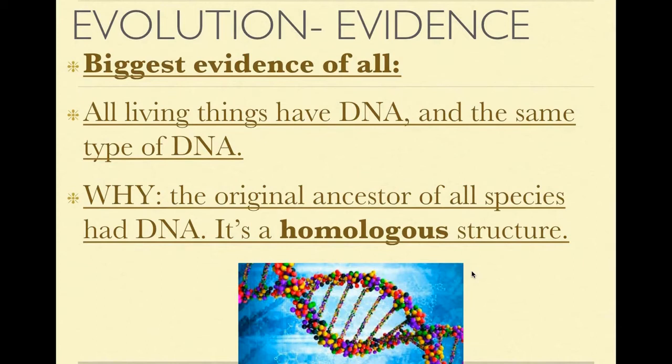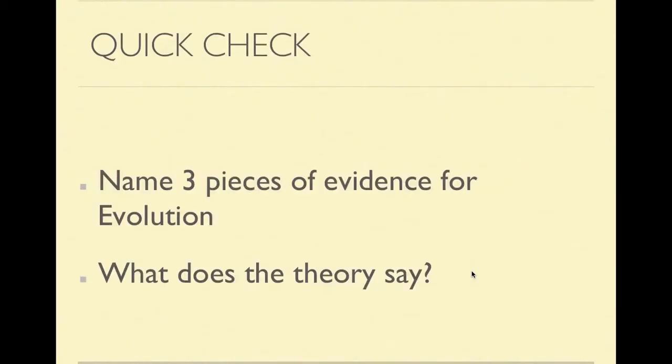It's been modified in one species versus another, but there are some genes in our DNA that we share with bacteria, things that you would think are not even closely related to us. We have genes in common with almost every single species here on Earth. You may not look at an oak tree and think that it's the same as you, but you have some of the same genes that an oak tree does.